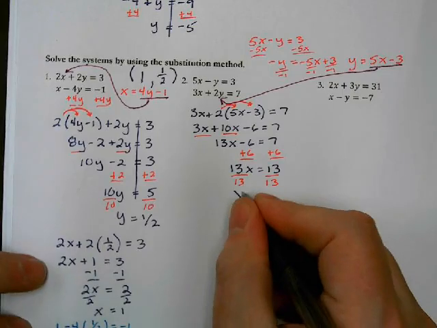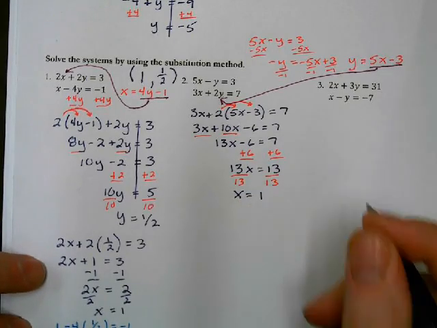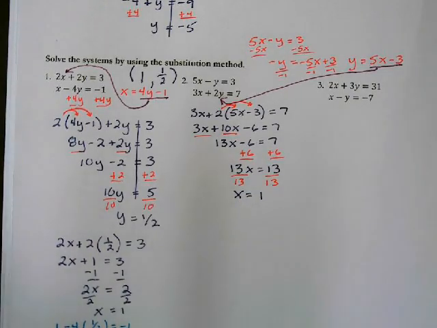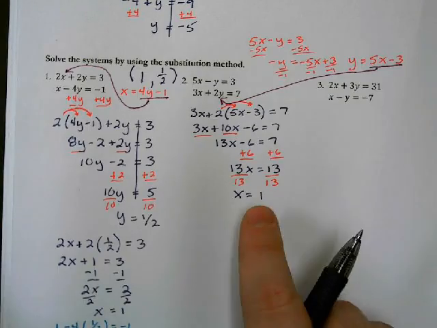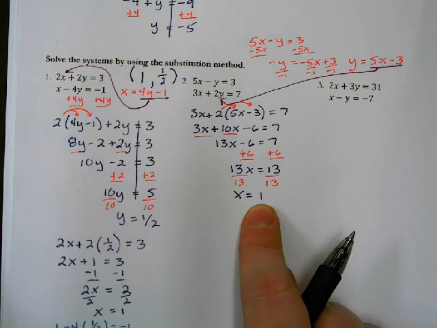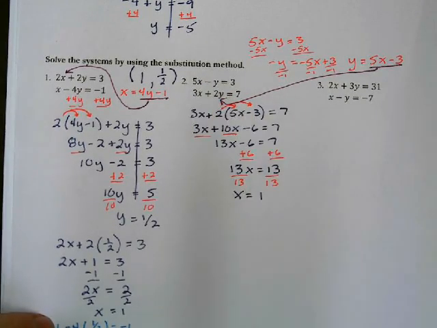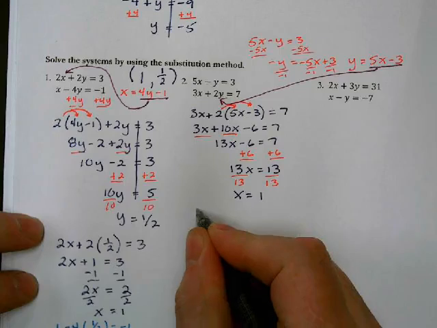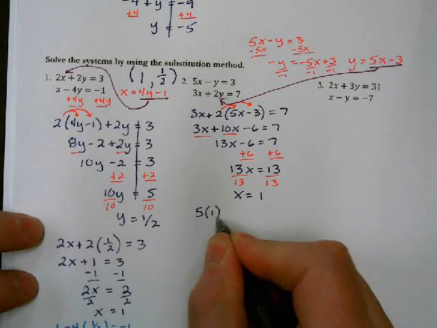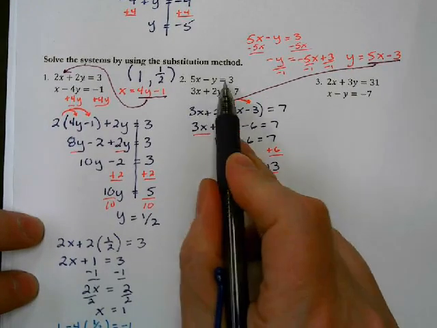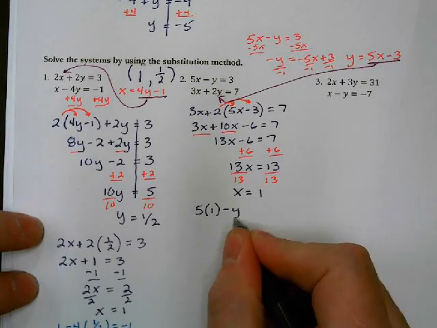Okay, at this point, we're going to plug it back into one of the equations and see what we get for y. We are on step 4. We're going to take this x equals 1 and plug it into one of these two. I'm going to plug it into the top one because I'm feeling saucy. So I do 5, instead of x, we plug in 1, and then minus y equals 3. 5 times 1 is 5.